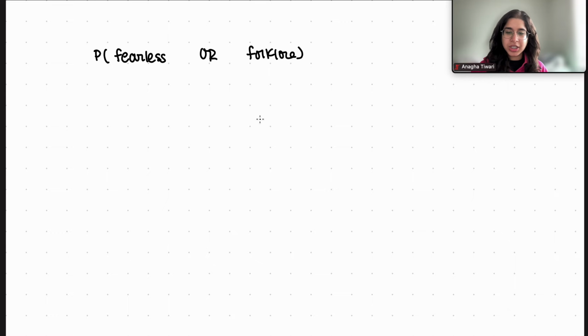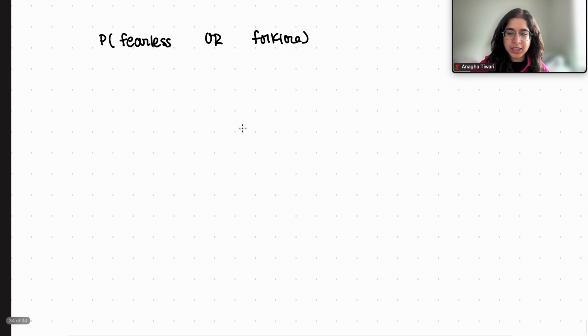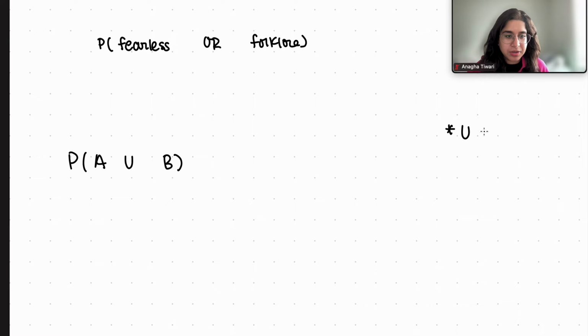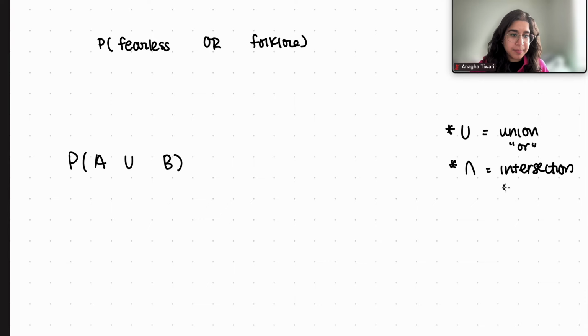And just some background on these probabilities, the addition rule is the probability of A or B. And just as a side note here, the U stands for union, which is the same thing as or, and the upside down U stands for intersection, which basically means and.